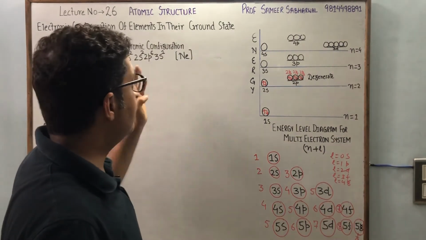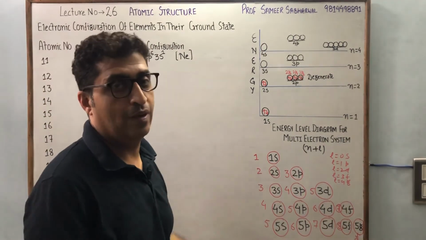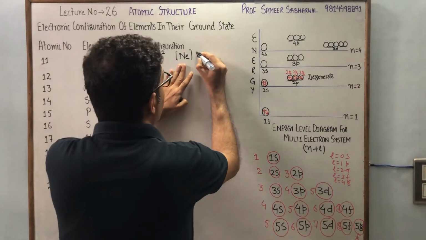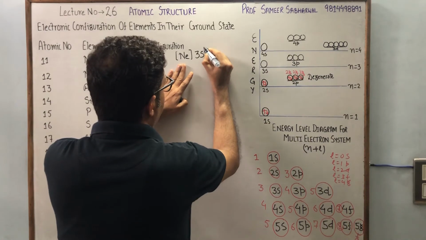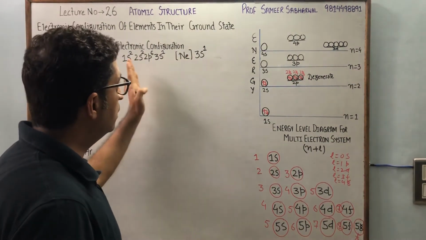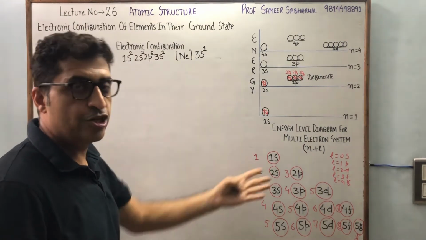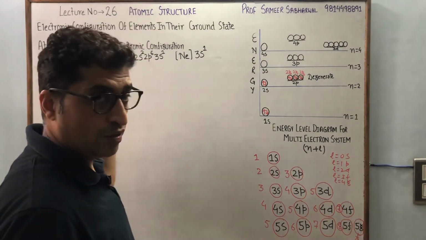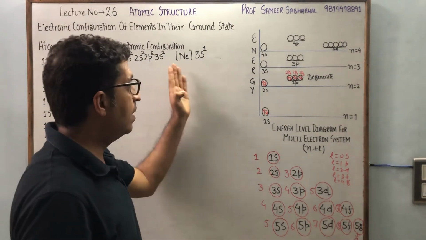So I can write electronic configuration in terms of noble gases, neon representing 10 electrons, okay, and 3s1. Very easy way.